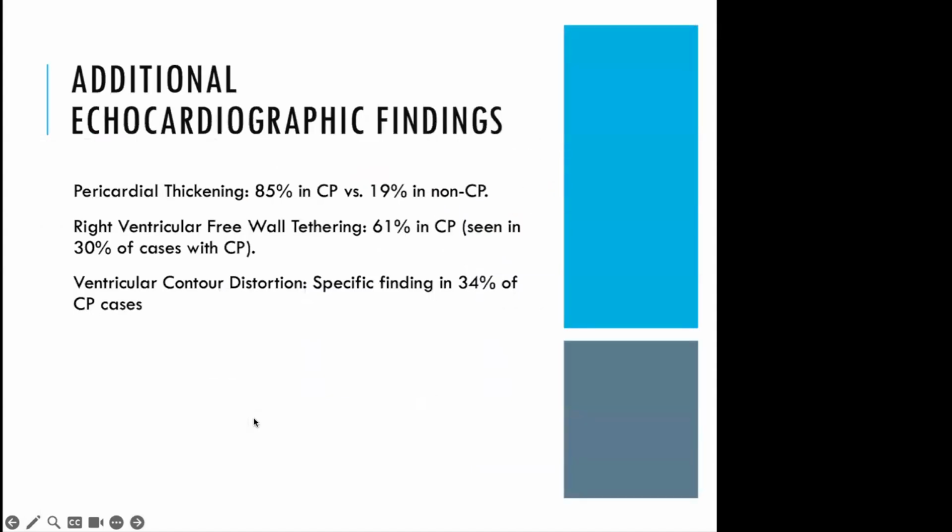Additional echocardiographic findings that they looked at in the paper were pericardial thickening, which is, of course, present in most cases of constrictive pericarditis, or at least 85%.